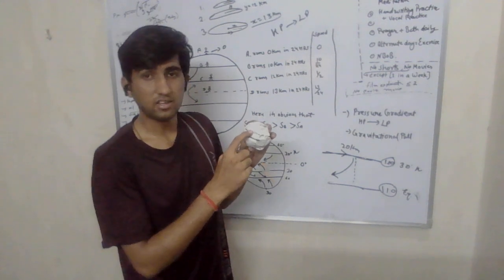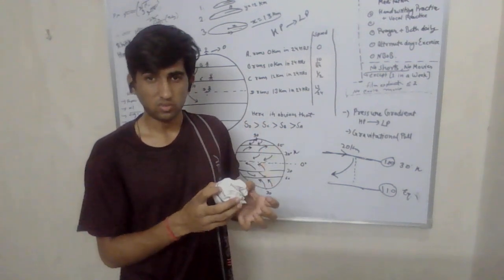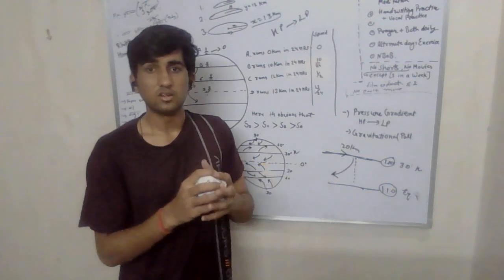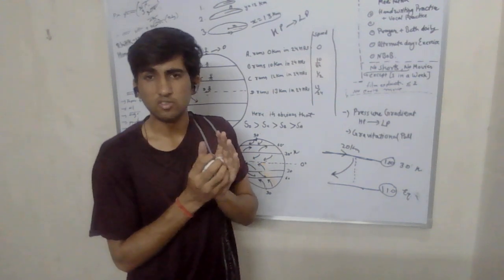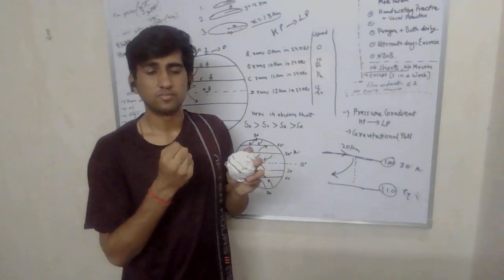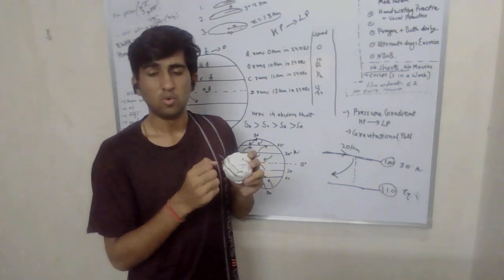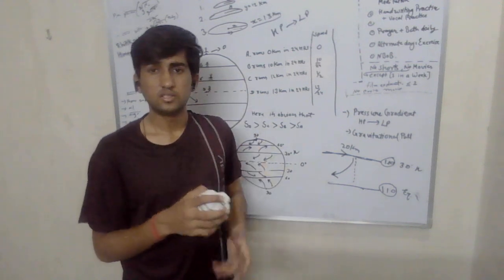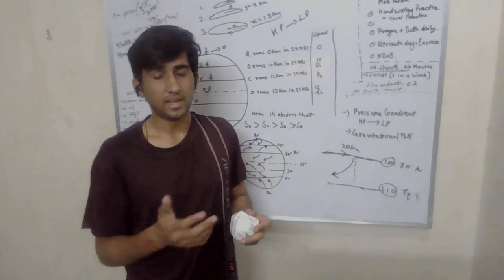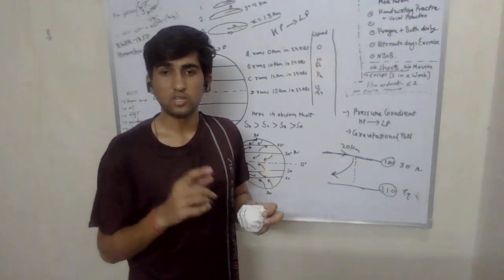So this air, because of gravitational force, is stuck to the earth, because the atmosphere is present because of gravitational force, right? So the gravity will make the earth stay in contact with the air, and the air will stay in contact with the earth.